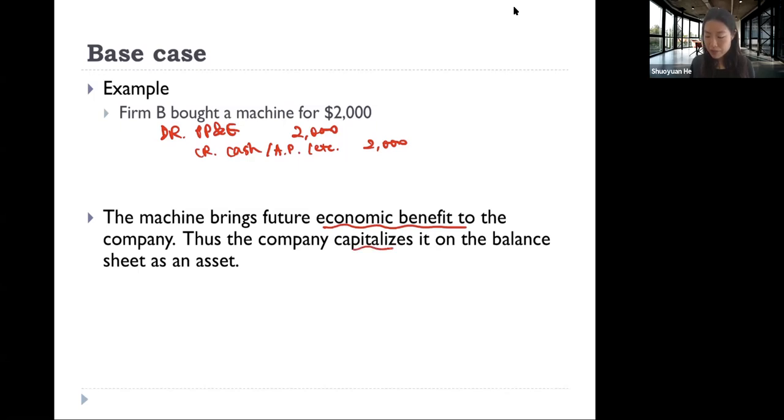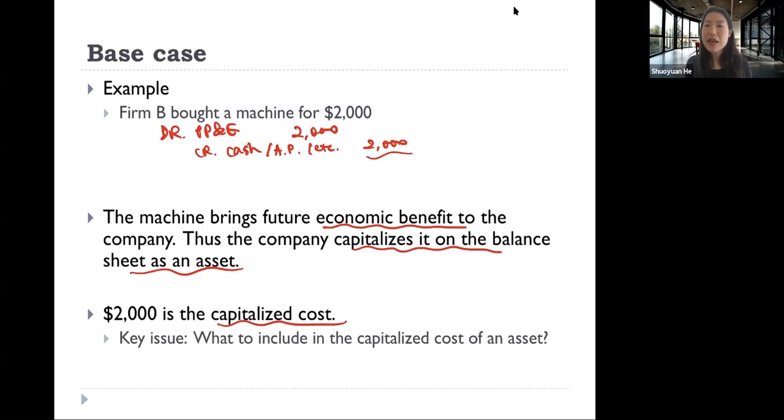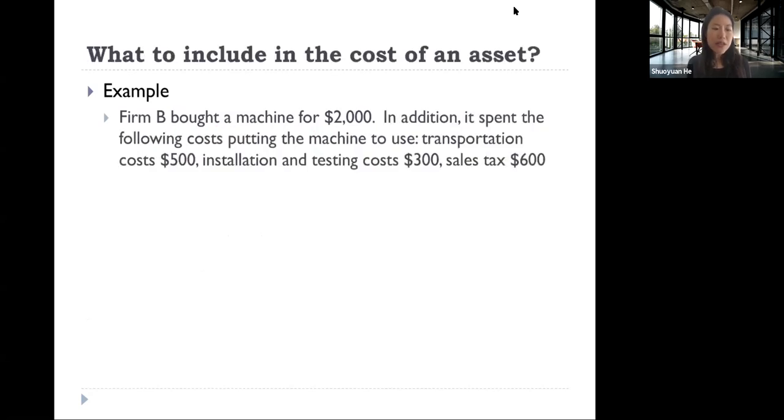Thus, the company capitalizes it on the balance sheet as an asset. This $2,000 is called the capitalized cost. The key issue here is what to include in the capitalized cost of an asset. The example we looked at just now is the simplest example you can get. So let's look at another example.